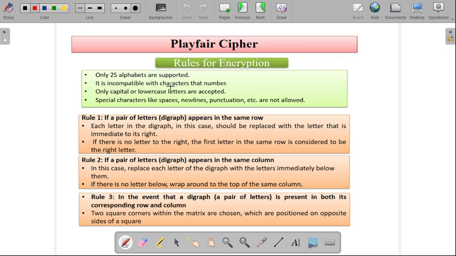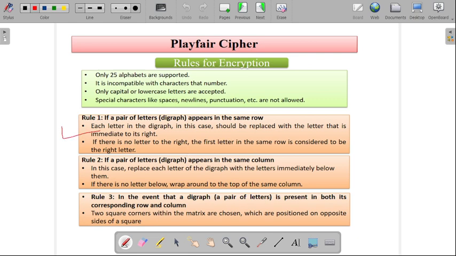These are the other rules for encryption. Rule number one is, if a pair of letters appears in the same row, then we take the character immediately to the right of each. If there is no letter to the right, then the first letter in the same row is considered as the right character.